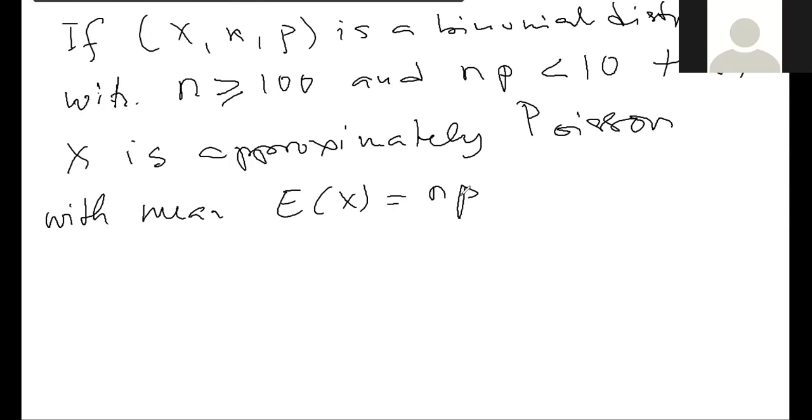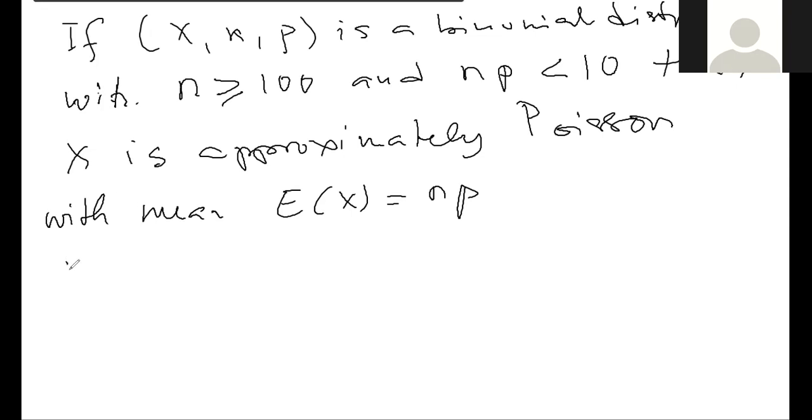On the PowerPoint, where I try to write more professionally, we say that if the probability of success is too small and the sample size is large enough, then a binomial distribution can be approximated by a Poisson distribution.